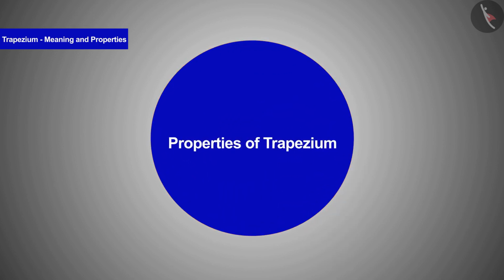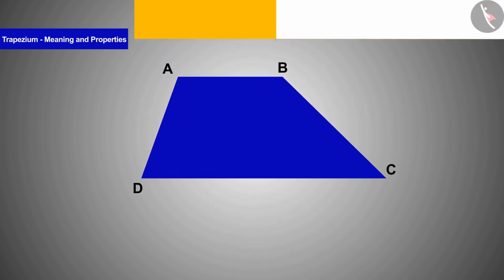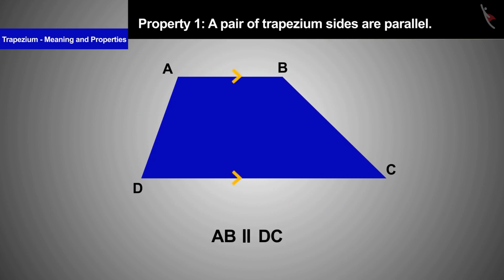Let us now discuss properties of trapezium. As we know from the definition of trapezium, a pair of sides in trapezium will always be parallel, which is its first property.